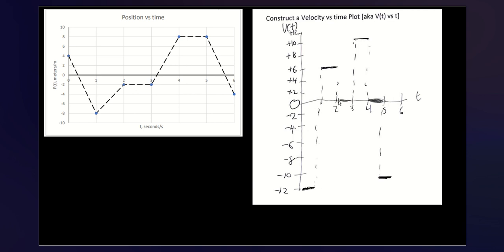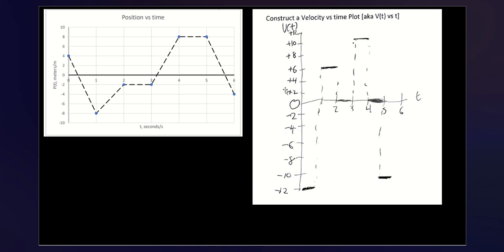From 1 to 2 seconds, we found out that the slope was positive 6, so we have a line here that equals positive 6 on the velocity axis. From time 2 to 3 seconds, we found out that we had a 0 slope for our instantaneous velocity. So that's why I'm just highlighting that part here to distinguish it from the axis.